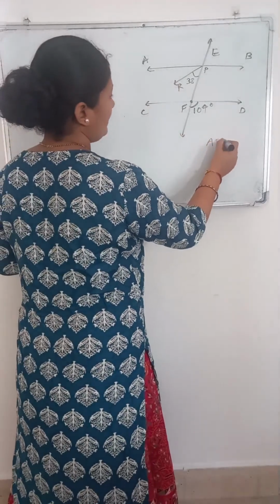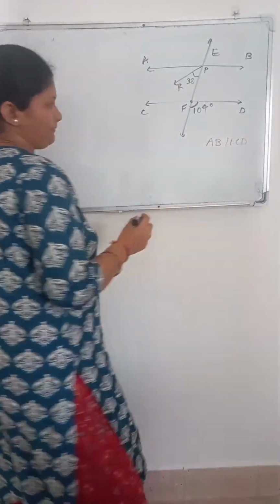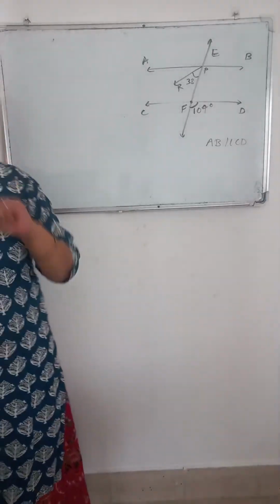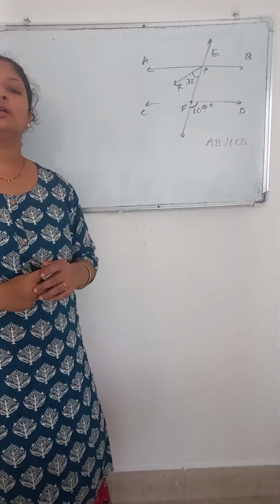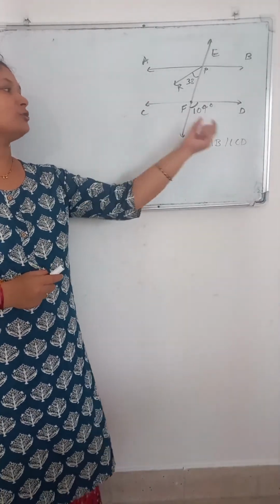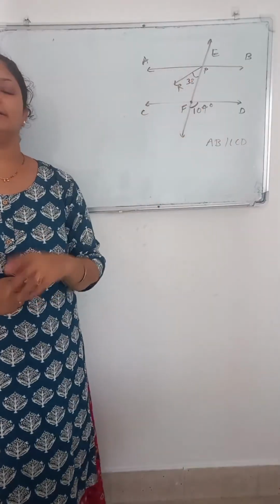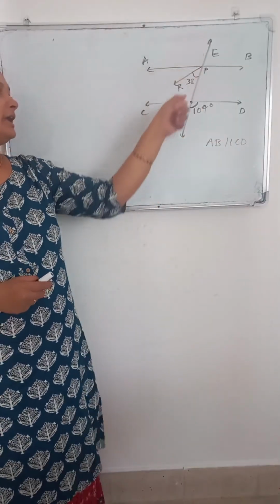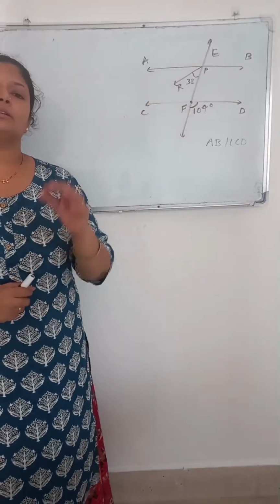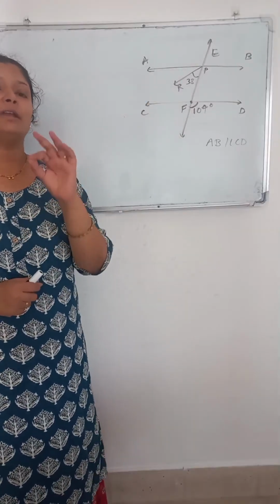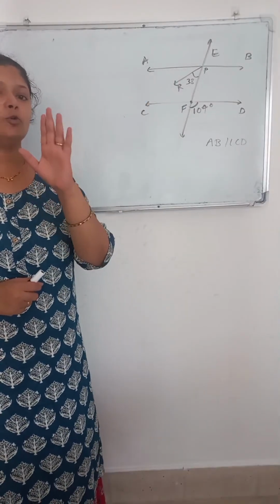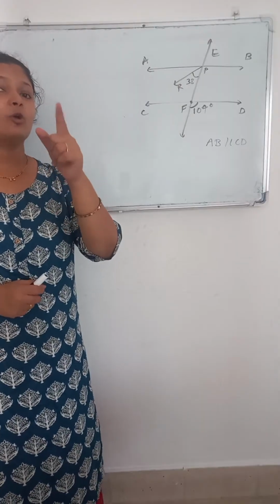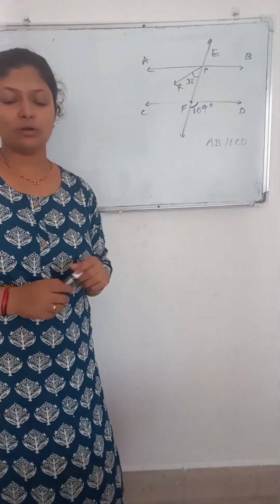Okay, so if we want to prove, and they gave values over here, and they are asking us to prove AB is parallel to CD, and here AEF is a transversal, then there should be what? Whenever there is a transversal and two parallel lines, their co-interior angle sum is what? 180.